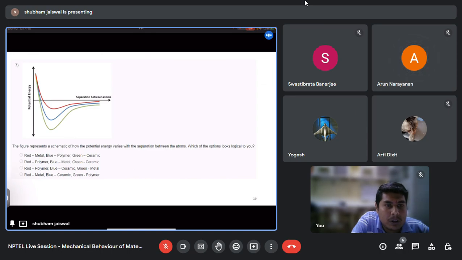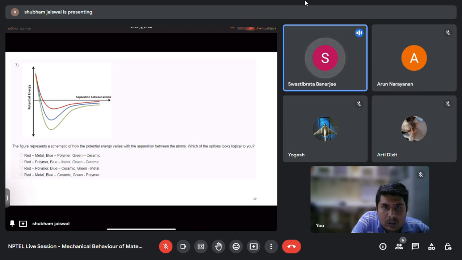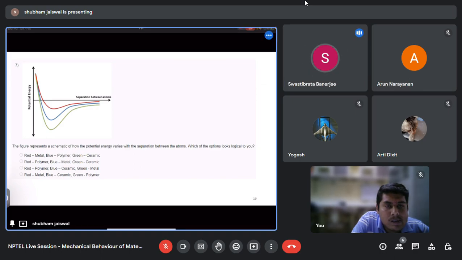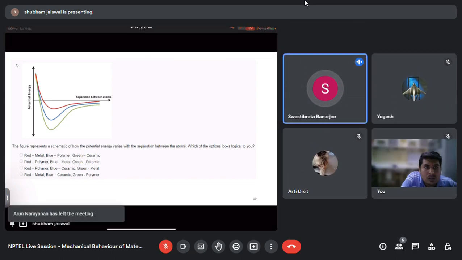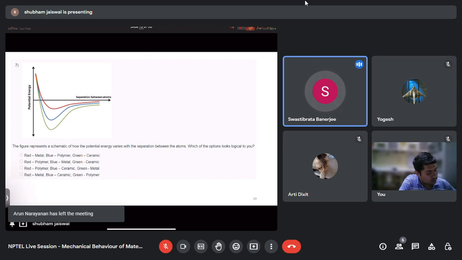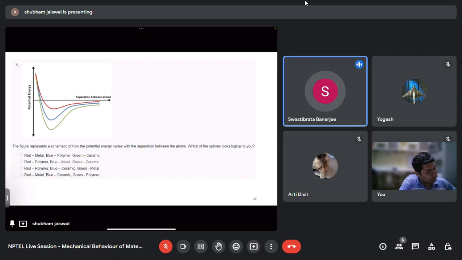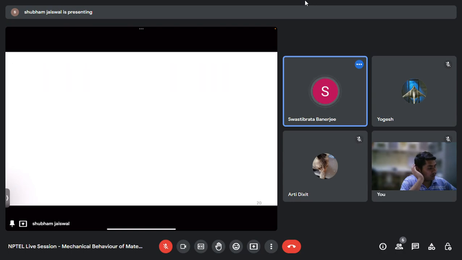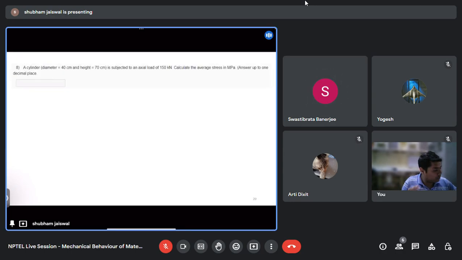Can you repeat the concept of the very first question of that session? Which one? Bond length, so during heating a material, the bond length increases. That question. Okay, let me go to that question.